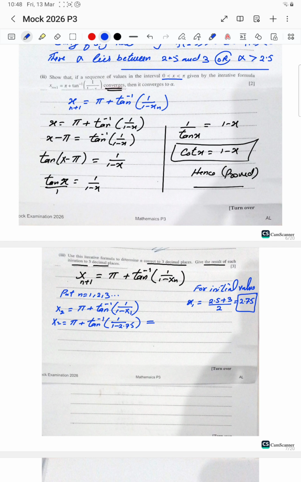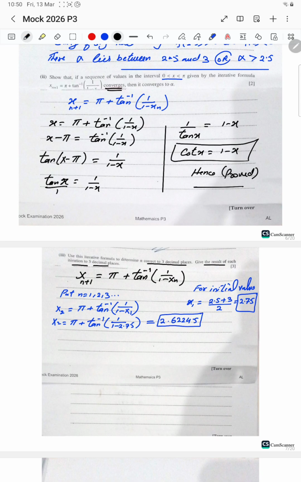So on the calculator, change the mode to radian first. Let me check it. Yeah, when we solve this on the calculator, I will get the first value up to 5 decimal places: 2.62245. Again, keep in mind the calculator mode must be radian.